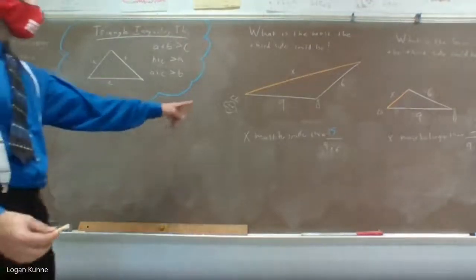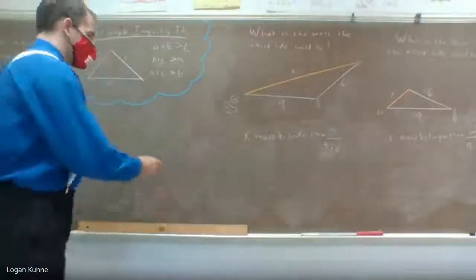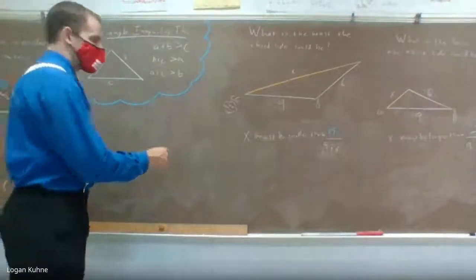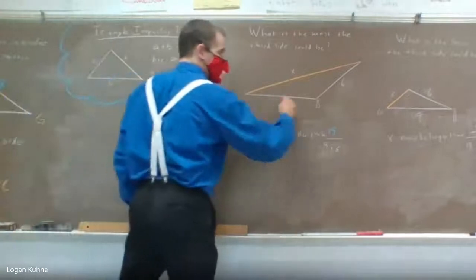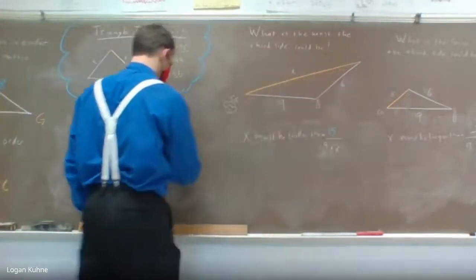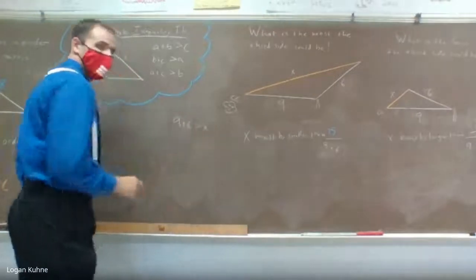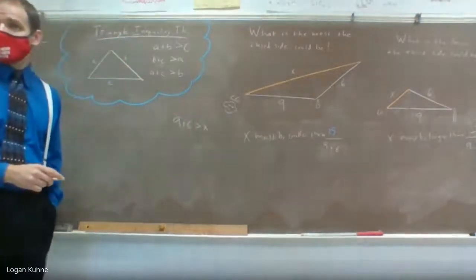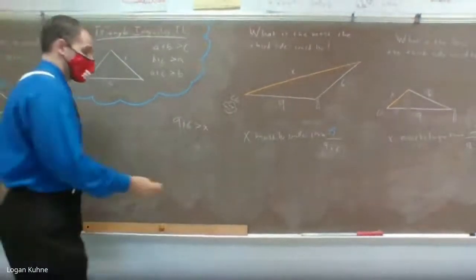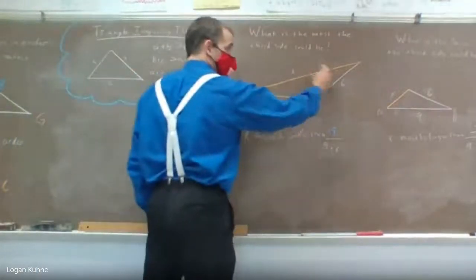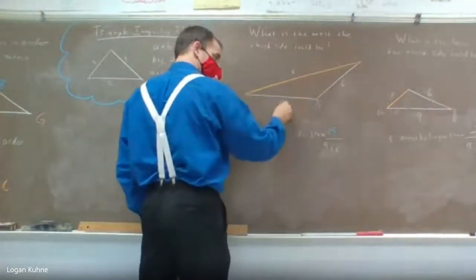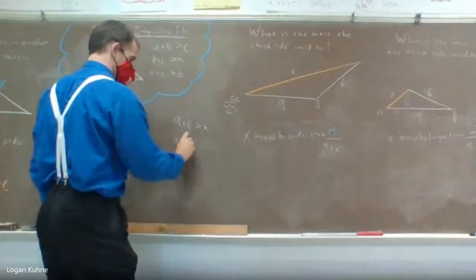So on this one right here, if we were to check this, okay, fine. 2 sides have to be bigger than the third side. 9 plus 6 has to be bigger than X, correct? X plus 6 has to be bigger than 9.